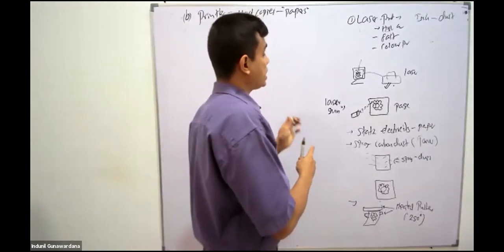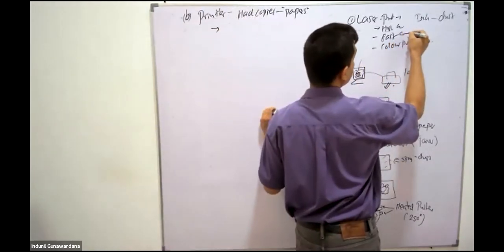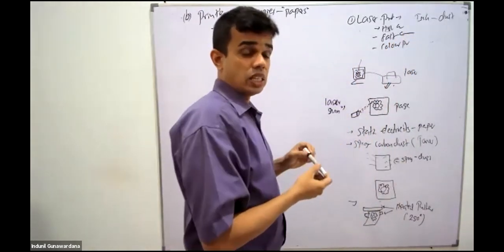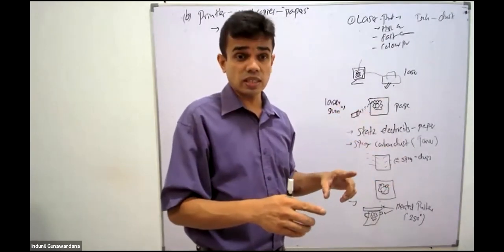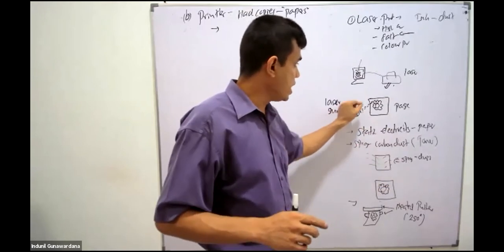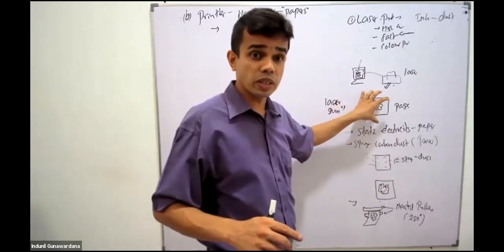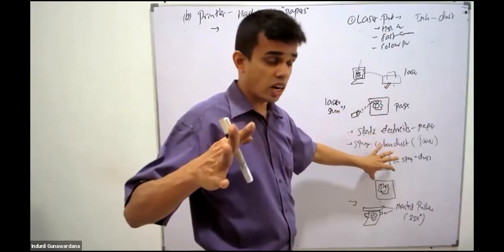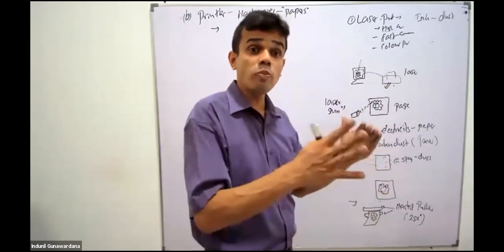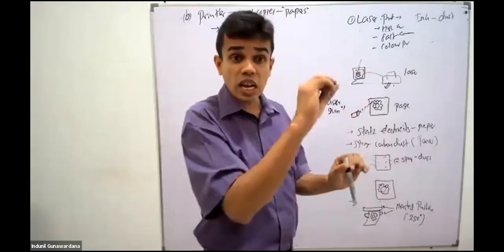So the laser printer gives you fast printing. Why? The laser printer prints the entire page at once. It has to add static electricity onto the whole paper, which takes very little time, then spray the dust particles and then print. The whole page is printed; it doesn't go line by line.